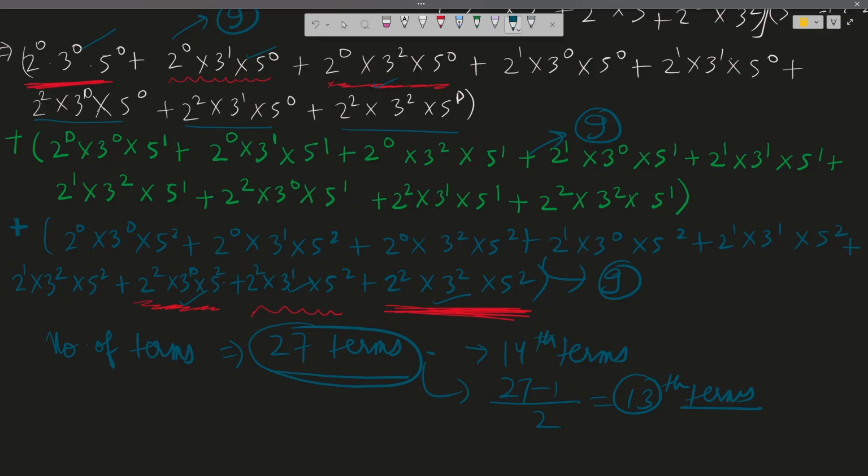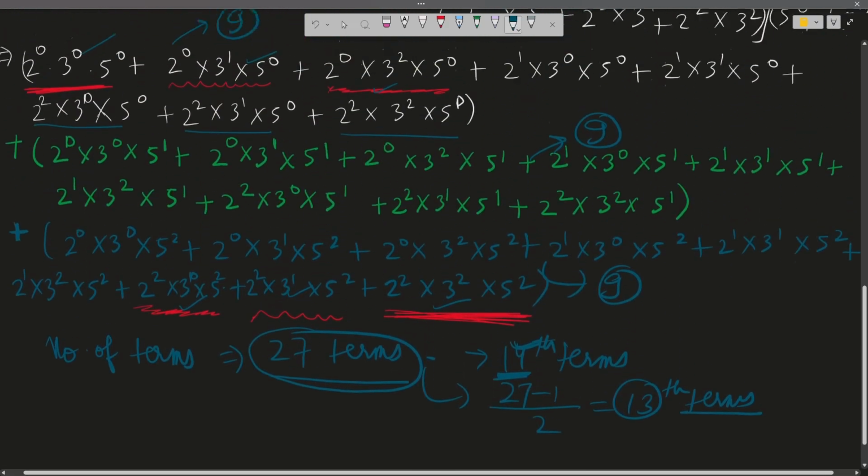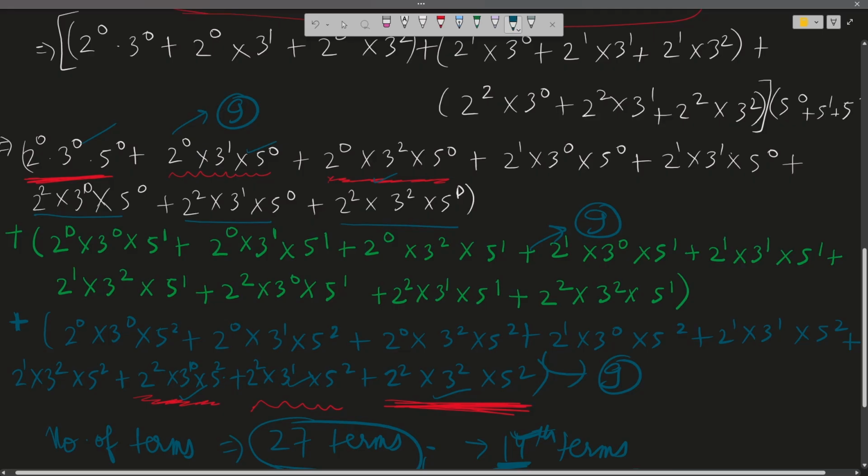The only term which is not getting multiplied by any other term to give us the composite number is the 14th term. Similarly, right? So let's count it. 9 terms are here, then 10, 11, 12, 13, and 14.